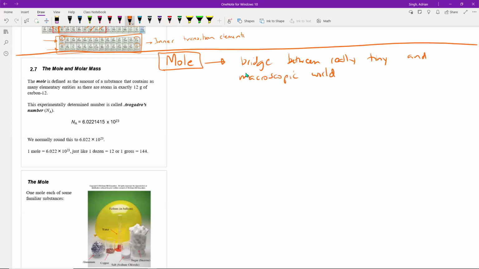So we have these tiny things. We need a lot of them to make up the amounts that we actually see or that we can measure. And the mole is going to allow us to do that.